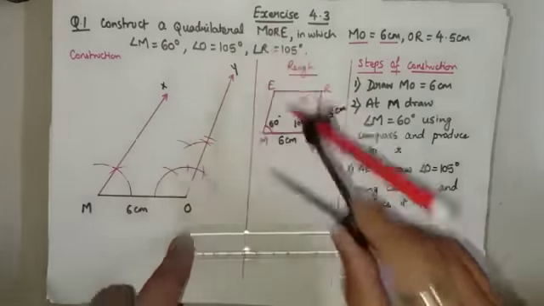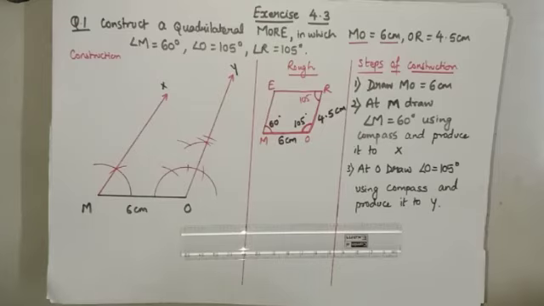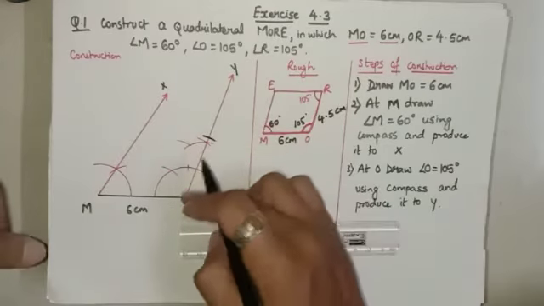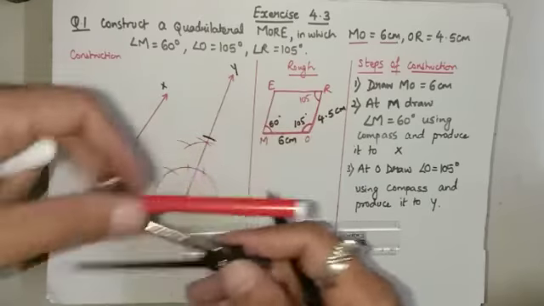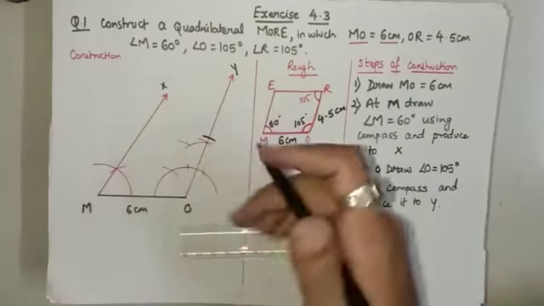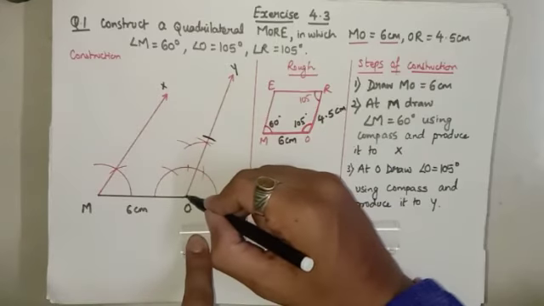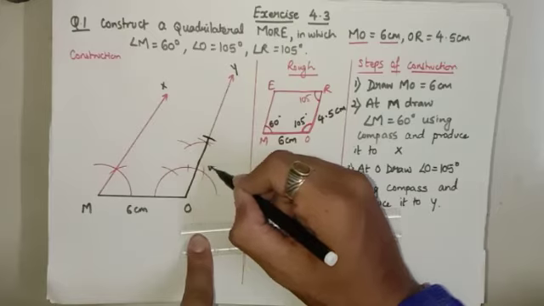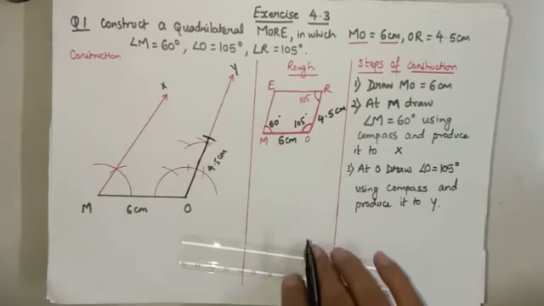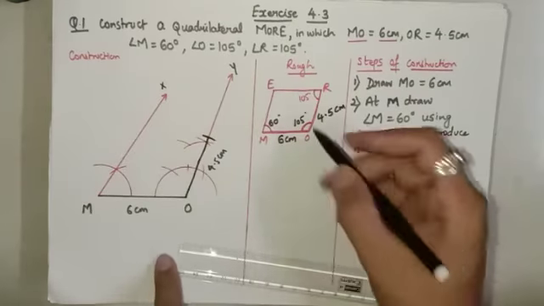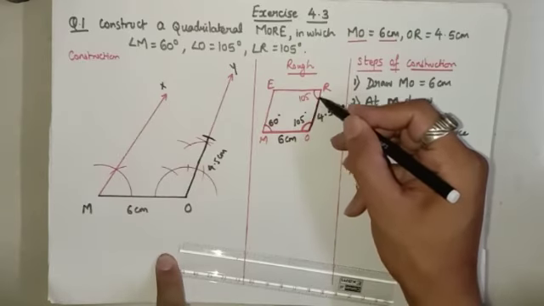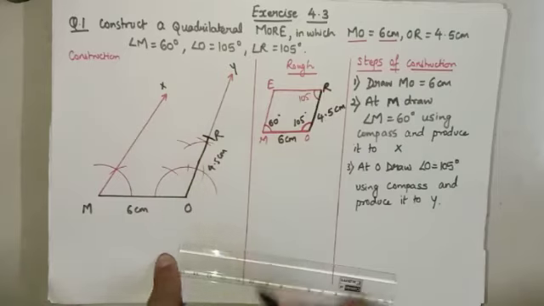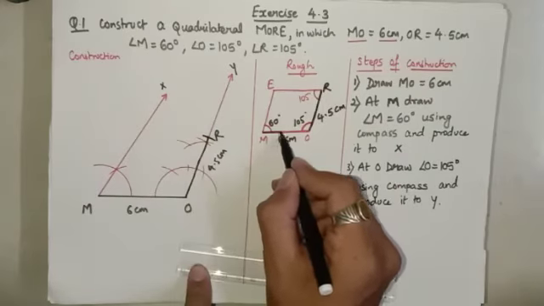So this arc, from O to this arc, was of measurement 4.5. It means that this line from O to this arc is of measurement 4.5 centimeter, right? And when we draw this 4.5 centimeter line, this point will be R. Clear? So we have drawn all these things.